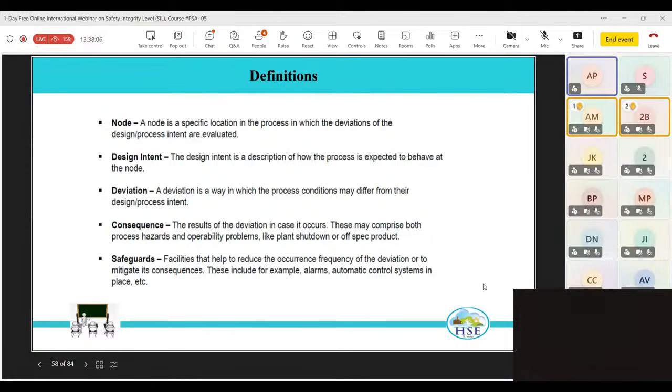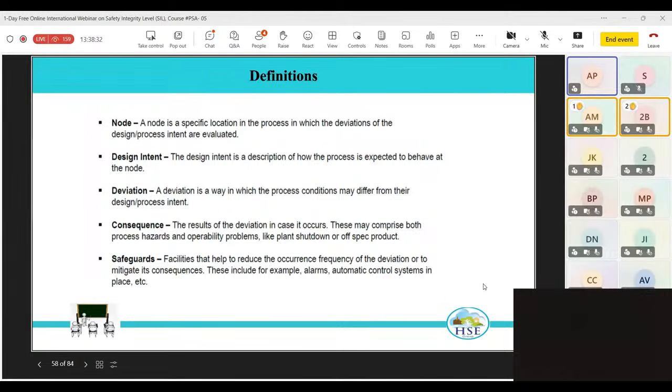So design intent is the description of how the process is expected to behave at that node. Suppose the flow is going to happen from left to right, and for some reason it happens from right to left, then it is a deviation. But the design intent is that the flow should happen from point A to point B, and it should be happening at one particular pressure or temperature or whatever it is.